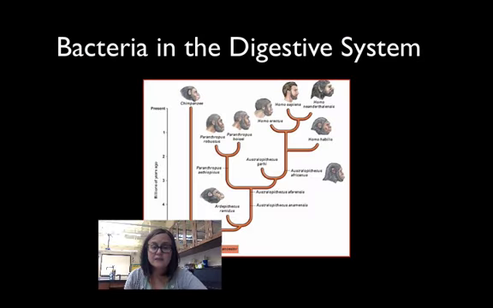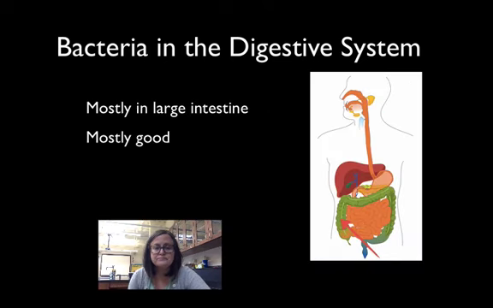So we're going to add a little information about the bacteria in the digestive system. So bacteria have been in our digestive system through the entire history of human evolution, and in fact the community of bacteria in our system has evolved along with us. But it's only very recently that scientists have spent a lot of time studying how important this is.